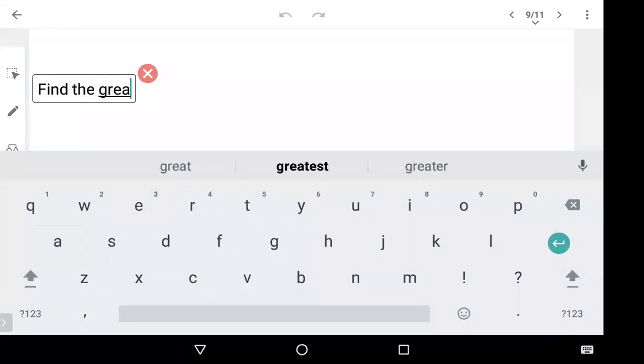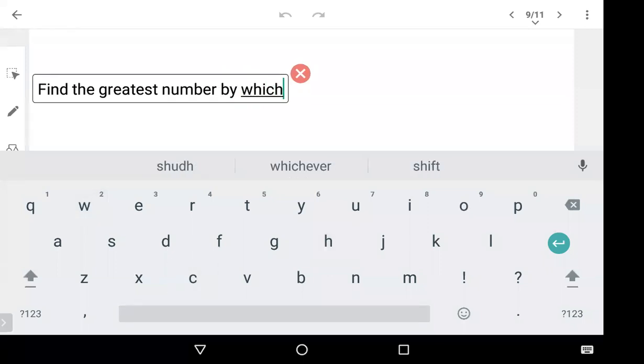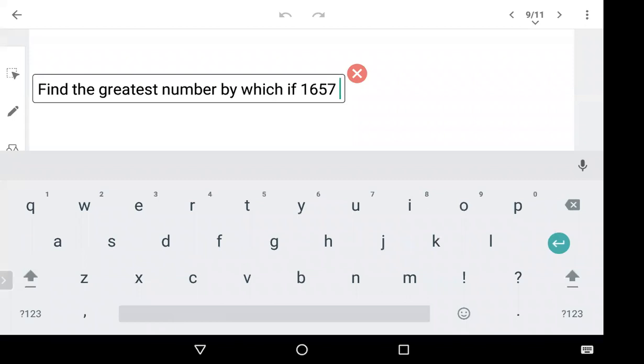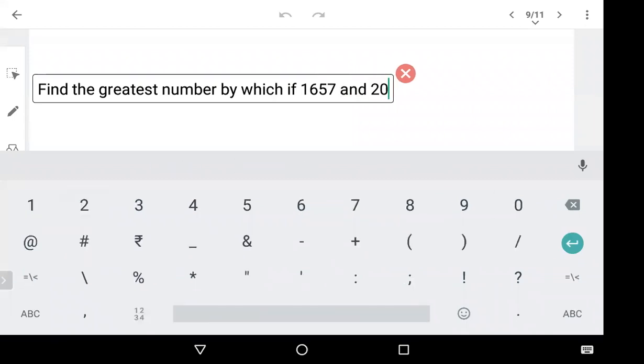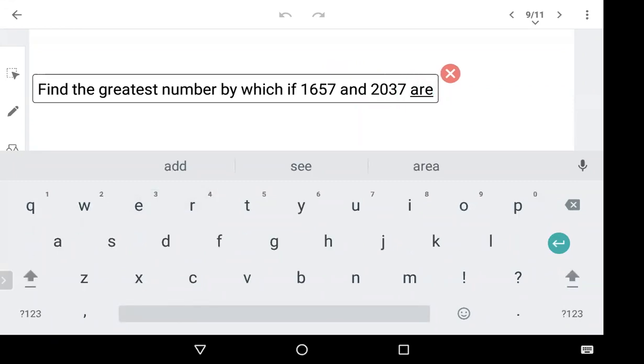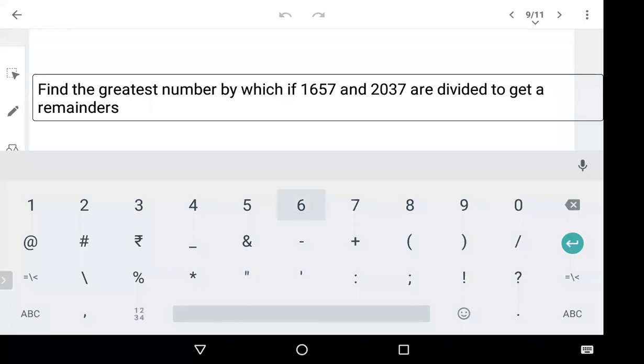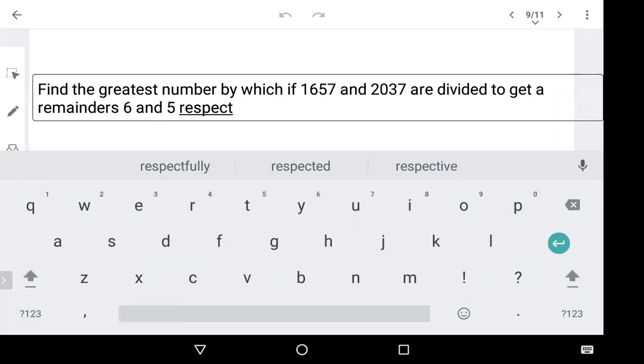Find the greatest number by which if 1657 and 2037 are divided to get a remainder, okay, remainders 6 and 5 respectively.